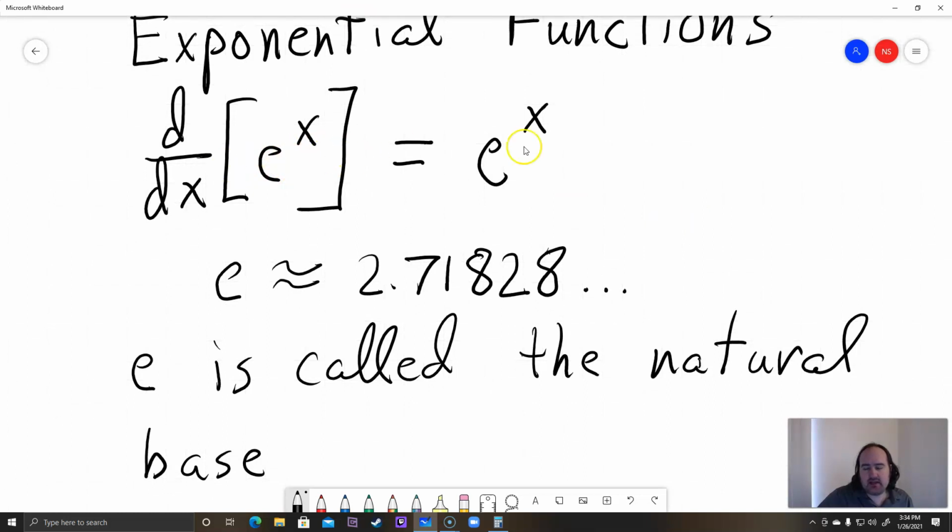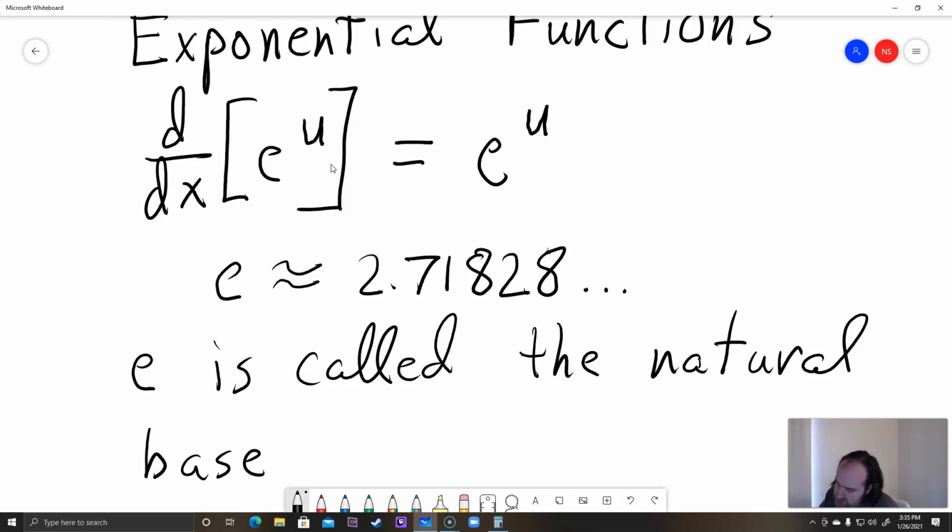So it's a very simple formula. The derivative of e to the x equals e to the x. Now, of course, if you have something more complicated than x, so let's say you have e to the u, where u is some function of x, then the derivative of e to the u is going to be e to the u, but then you have to use the chain rule.